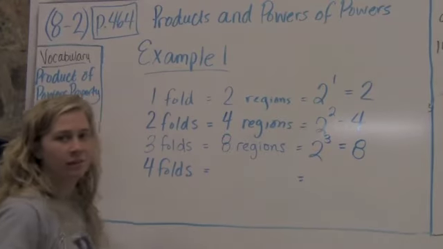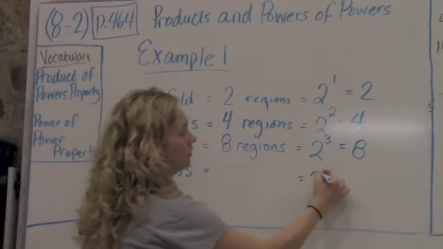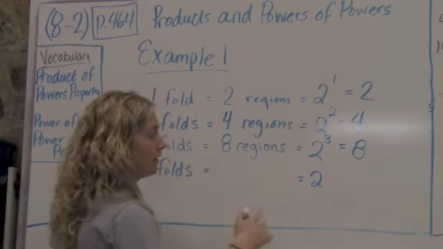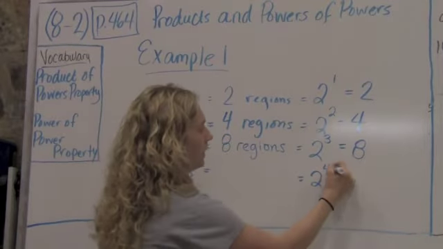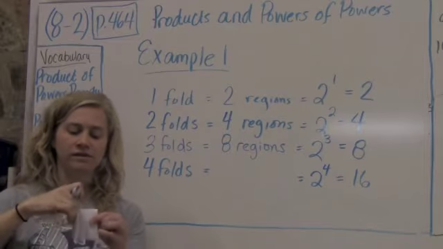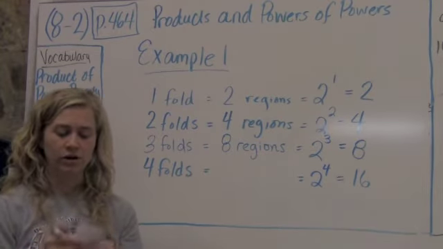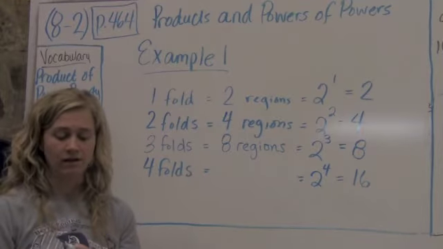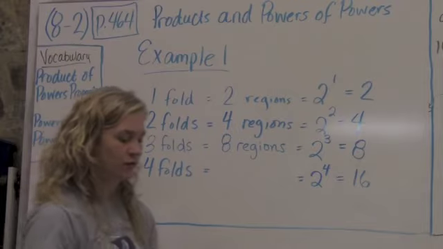And so using that pattern, you could then say, for 4 folds then, I know it's going to be an exponential increase of 2. So 2 to the power of 4 is going to give me 16 regions if I fold this again. And if you want to go ahead and do that, you'll open it up and you'll see that you do indeed have 16 regions for 4 folds.